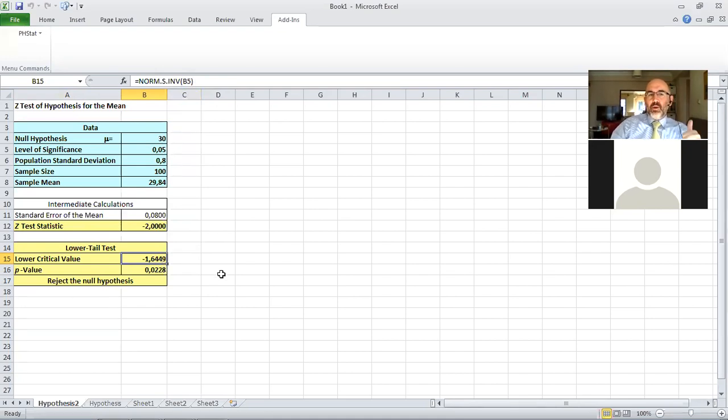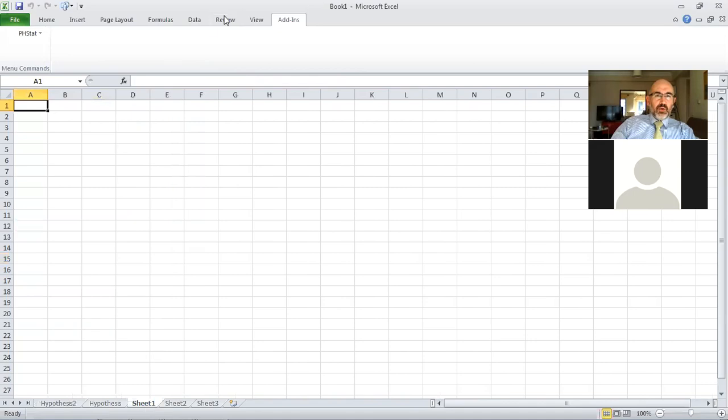So the critical value is different, and it's actually just the negative critical value. Since -2 is less than -1.64, we get a reject. In the p-value, we don't need to multiply anything by 2. We just need to find the area to the left. That's lower tail.